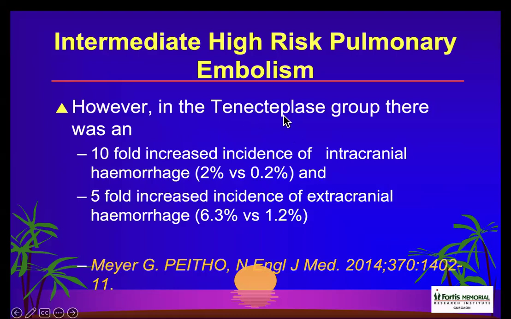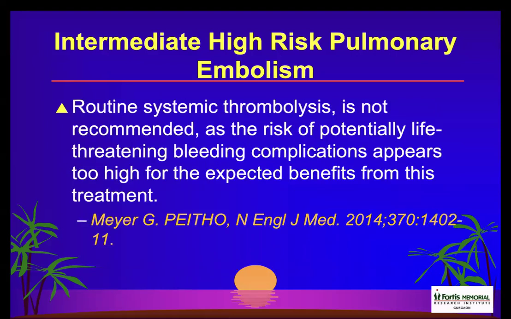However, in the thrombolysis group, where tenecteplase was used, there was a 10-fold increase in incidence of intracranial hemorrhage, 2% versus 0.2%, and a 5-fold increase in incidence of extracranial hemorrhage, 6.3% versus 1.2%, as compared to anticoagulants. So clearly, the thrombolysis group had a very high risk of complications as compared to the anticoagulant group, without any additional mortality benefit in intermediate high-risk pulmonary embolism.